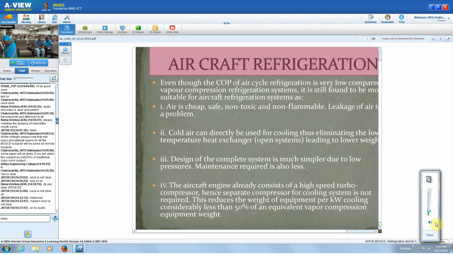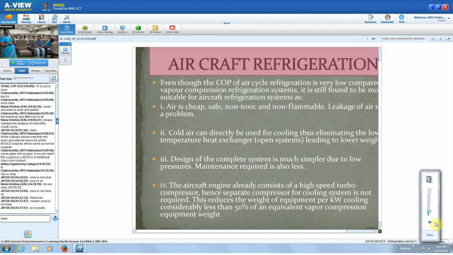Because the vehicle already has a compressor, combustion chamber and a turbine, which increase the pressure. The compressor is mainly for increasing the pressure, so that compressed air can be used for air refrigeration. That's why air refrigeration plays an important role in aircraft refrigeration, even though the COP is less, because there is a compressor and a turbine inside the engine.